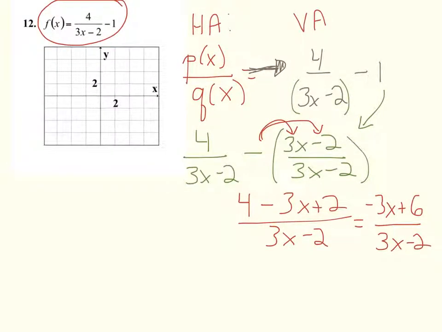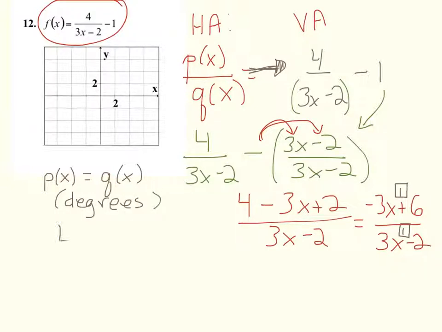So now it's in the form where I can look at the horizontal asymptotes. So I look at the degrees. The degree in this function, its highest valued exponent is 1, and the same thing here. So I have the case where I've got the degree of P of x equal to the degree of Q of x. So what that means is that I take the leading coefficient over the leading coefficient.